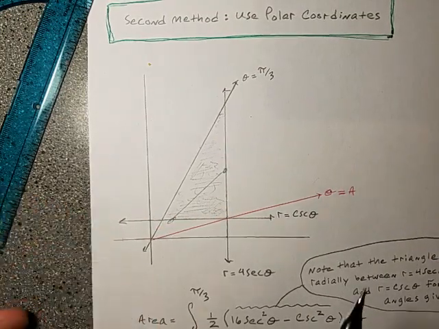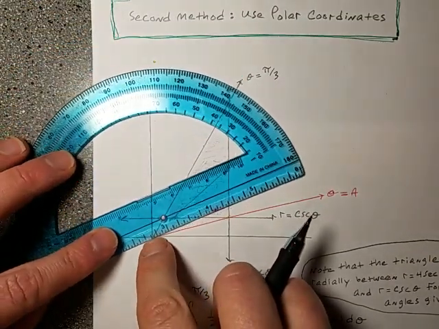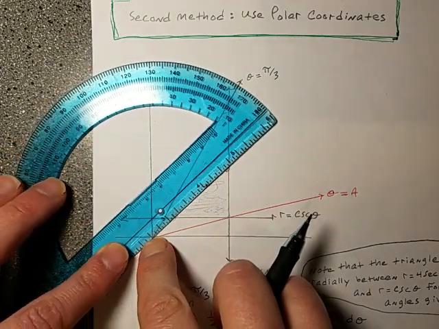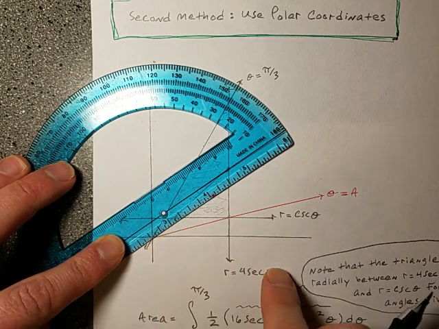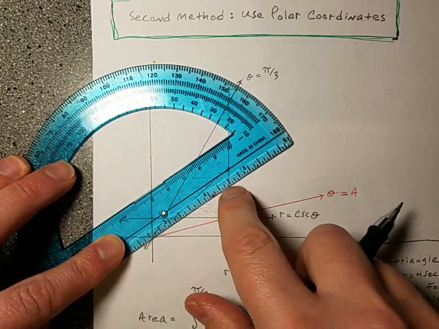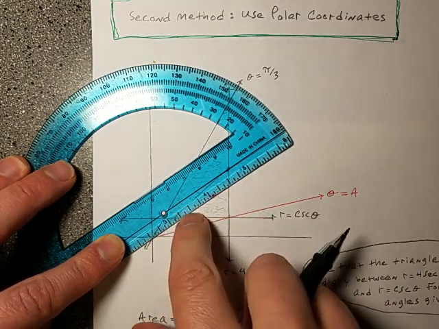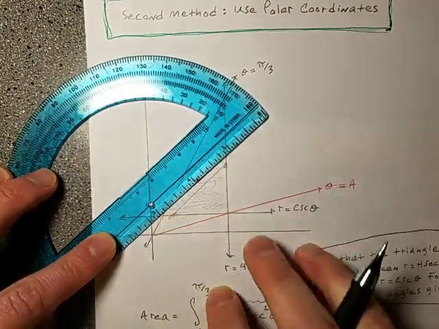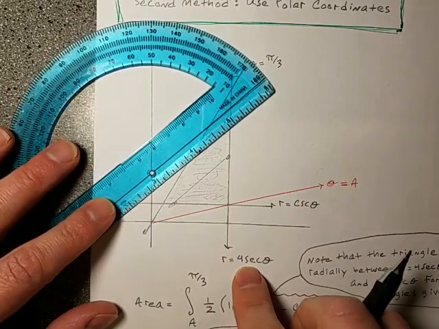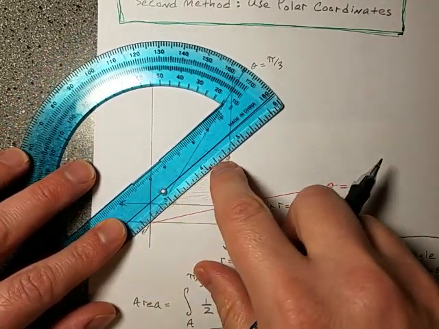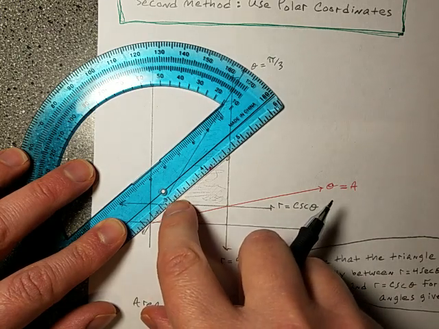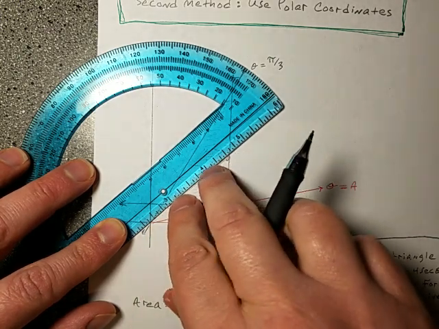If I have my angle here and tilt it out through this region in a radial fashion, 4 secant theta and cosecant theta contain the area. 4 secant theta is radially further out, and cosecant theta is radially further in, but the space is between those two.